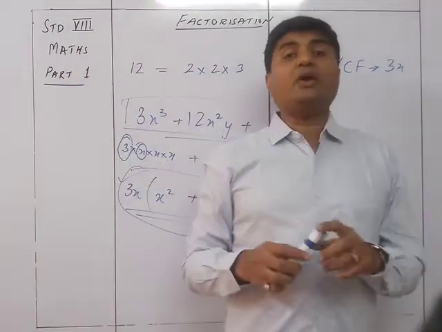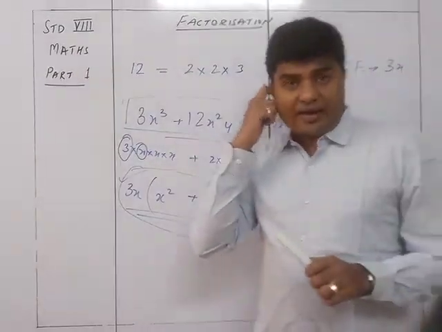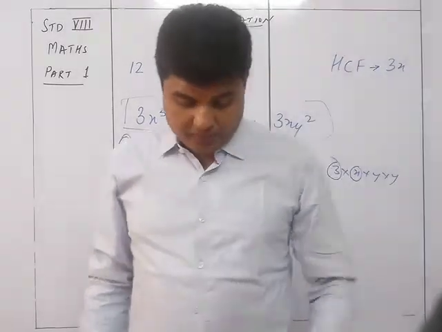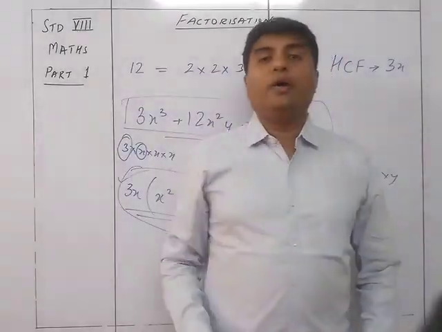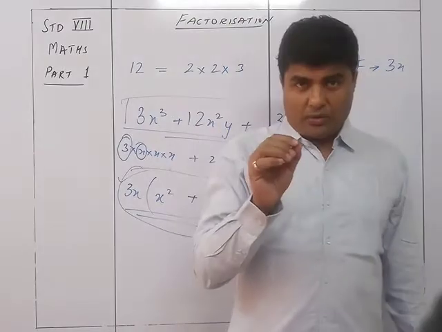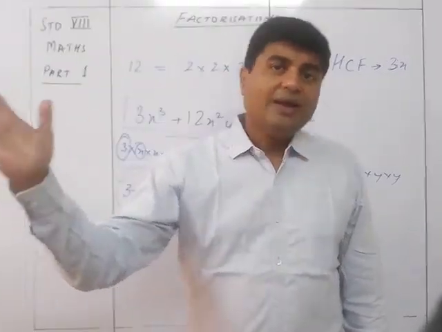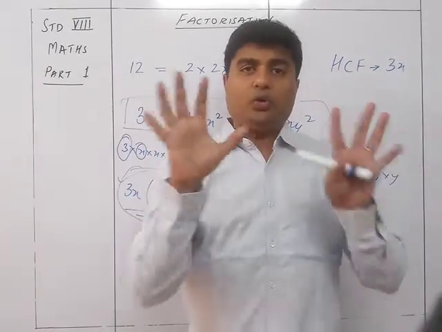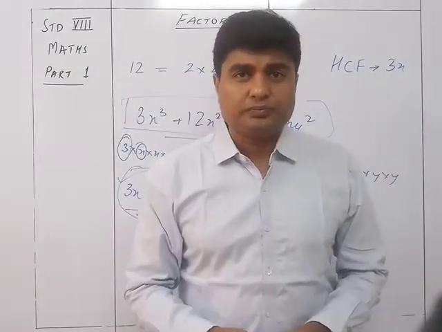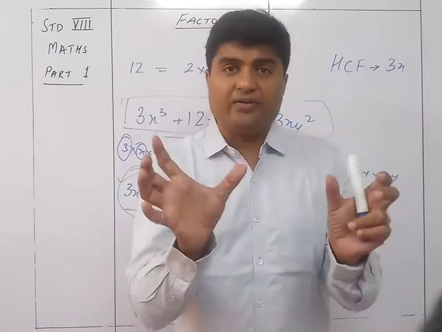So what we are trying to do in case of factorization of polynomials is find out the common multiple between all the terms, take it out common and have two such sets of multiplication.